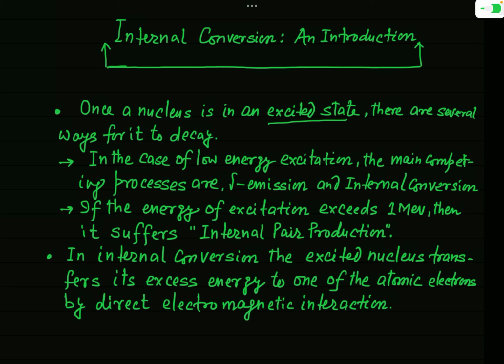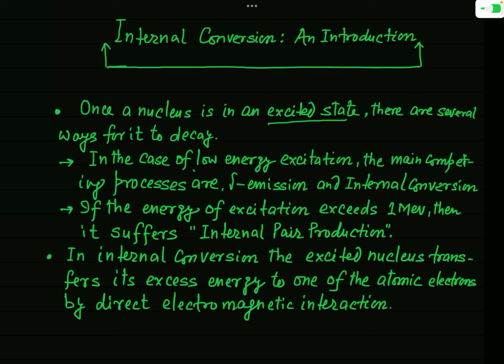In fact, what type of decay will take place when the nucleus is in an excited state depends on the excitation energy. It means the energy of the nucleus above the ground state determines what type of decay process will take place.